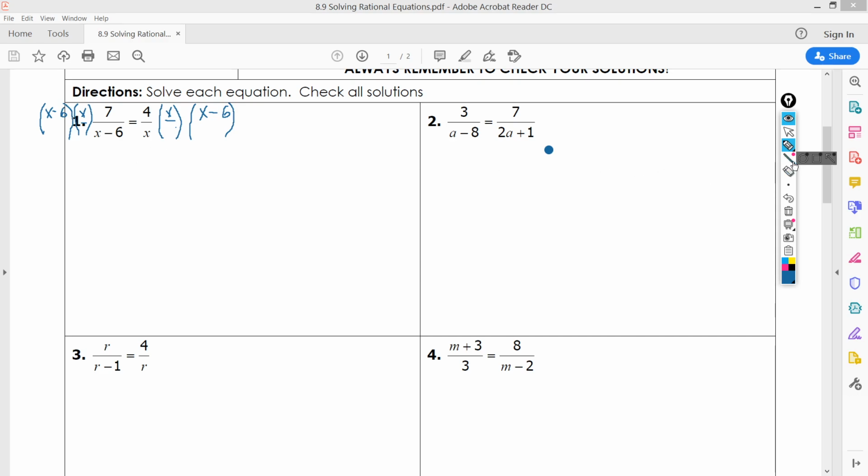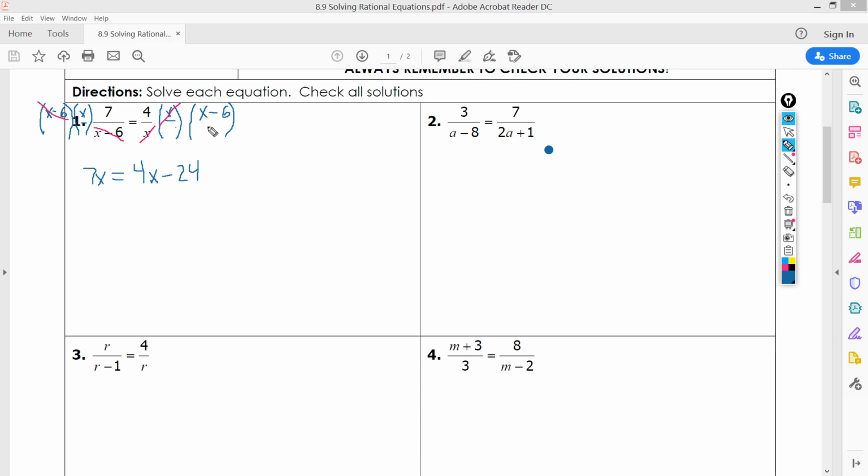And when I do this, what happens is these x minus 6's cancel, and these x's cancel. And so now what I have is, I have this 7 times this x, so I have 7x, equals 4 times x minus 6, which becomes 4x minus 24.